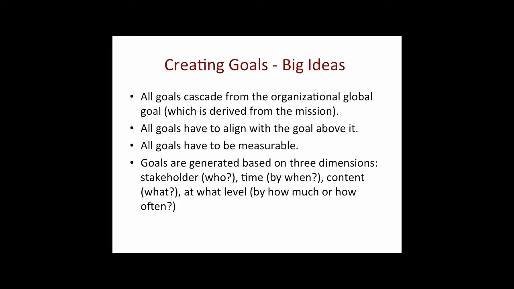Okay, let's talk about creating goals, the big ideas about creating goals. As we've seen, all goals cascade from the organizational global goal. Organizational global goals have to align with the mission of the organization. You could have several global goals that originate from the mission of an organization.